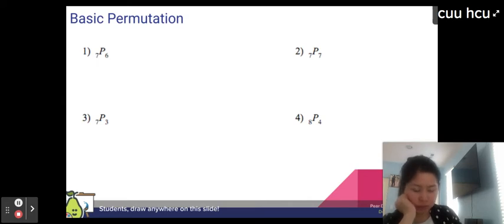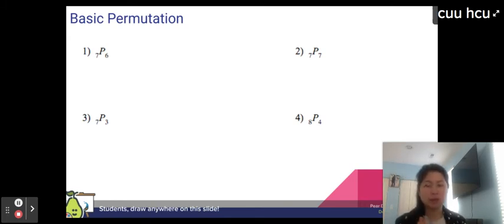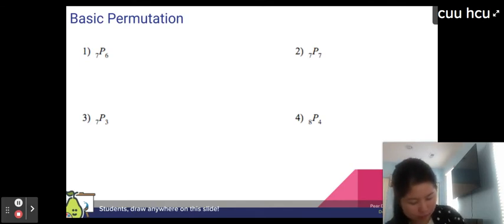The second value is the r. So let's write down the numbers that we have. n is 7, so I'm going to put 7 factorial over n minus r, which is, we know n is 7, r is 6, factorial.